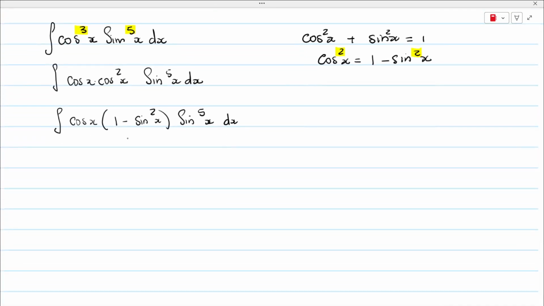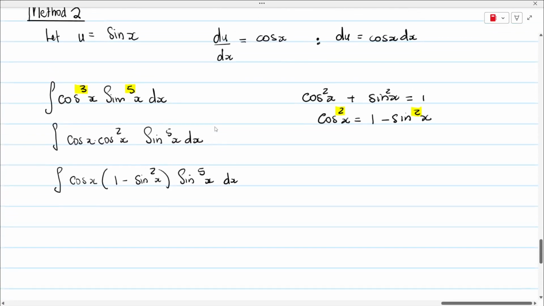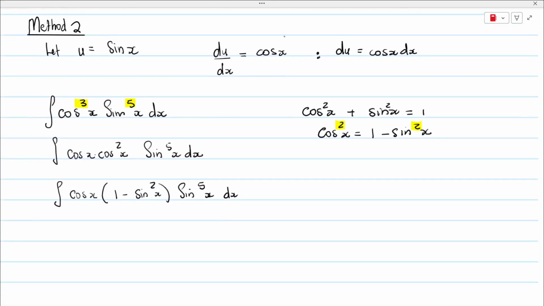From here, I want to express everything in terms of u so that I can apply u substitution. Above, I've already determined that du is equal to cos x dx. How can I apply this in this equation? Looking at this equation, I can see that there is a cos x here and a dx here.